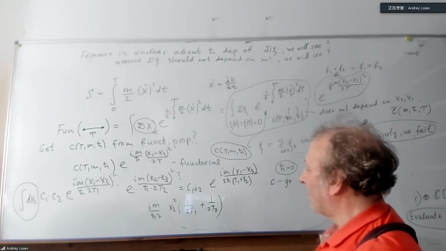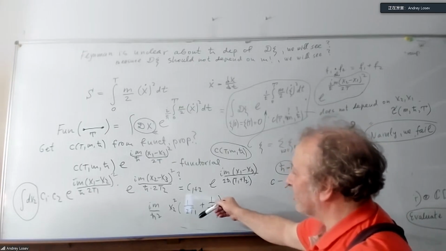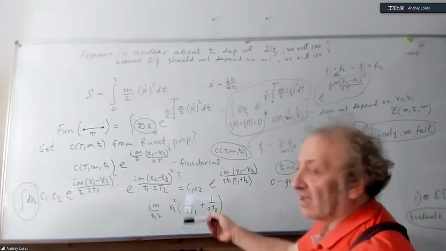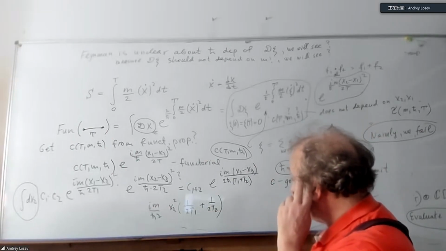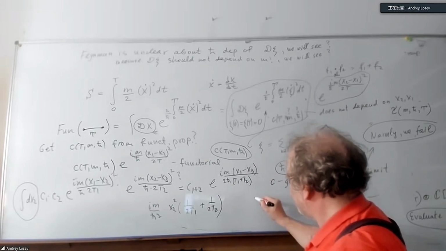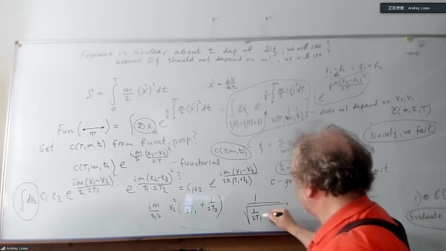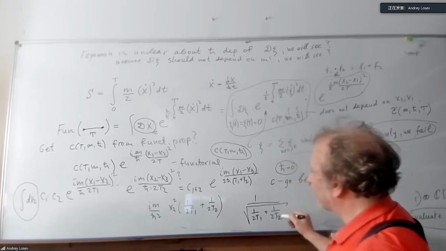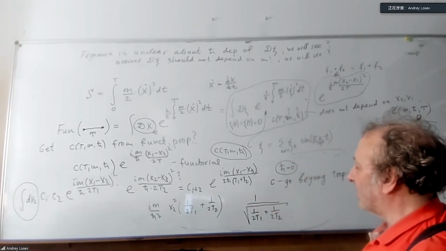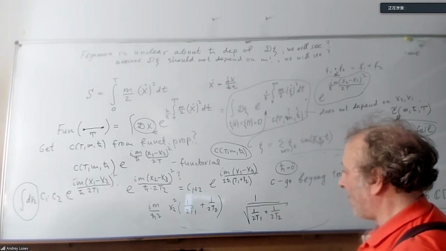All right? So what would be the coefficient when I take this Gaussian integral? The coefficient would be 1 over square root of (1 over 2t1 plus 1 over 2t2). I'm taking a Gaussian integral.